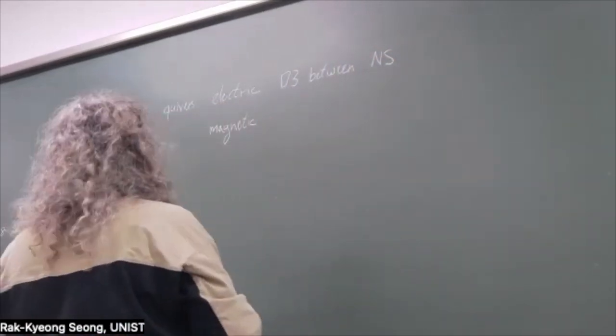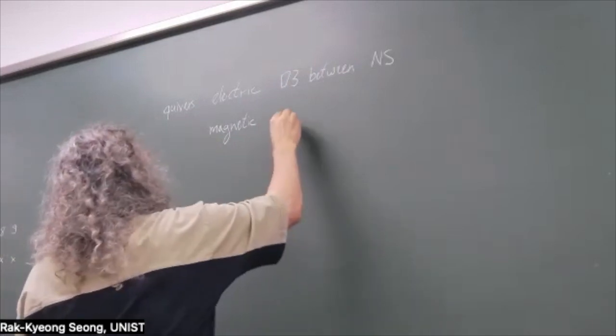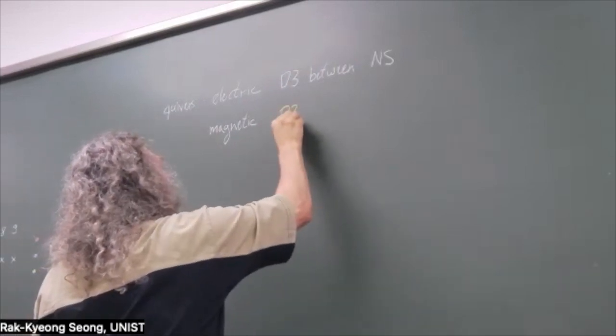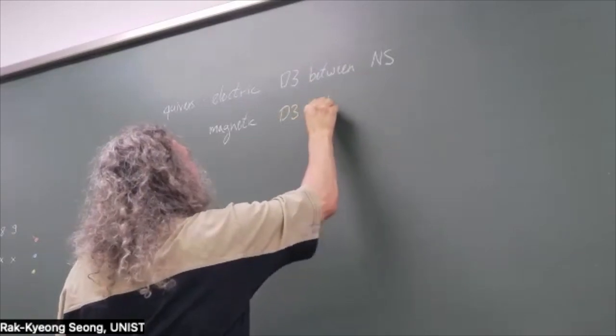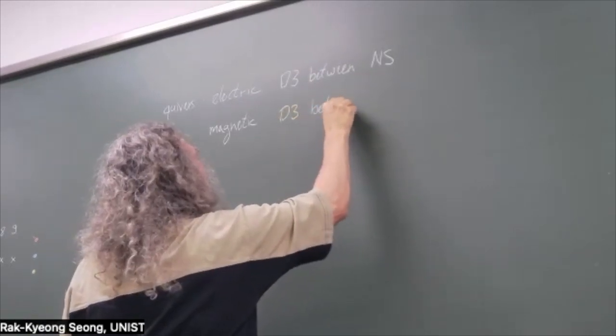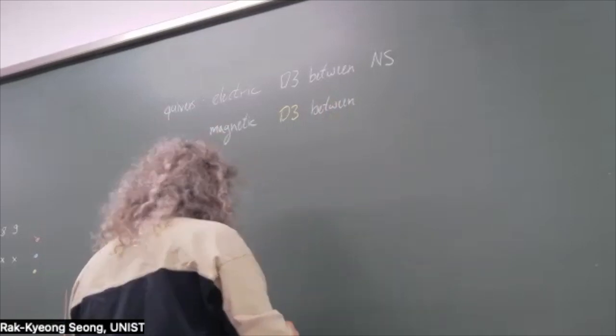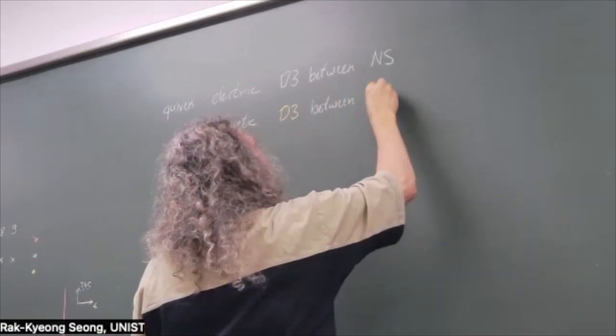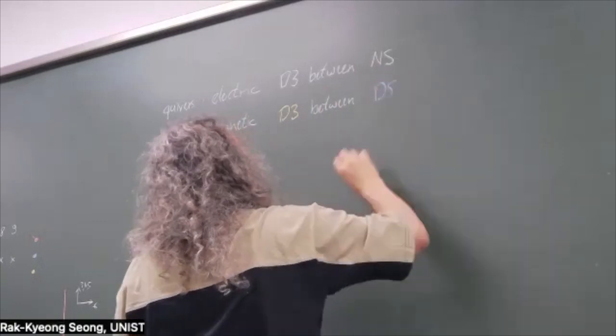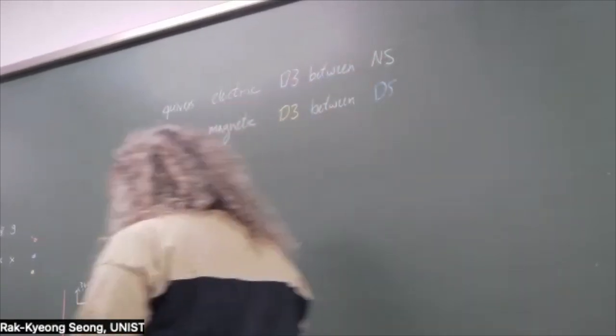It also uses colors. So magnetic would be D3 branes between D5 branes. Right, so I could change those colors.